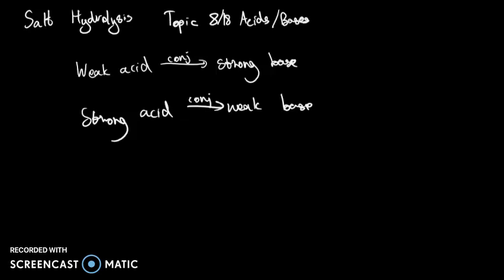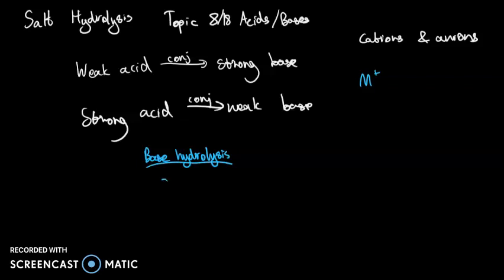So next, what we need to think about are cations and anions. So first, let's look at cations, right? The cation is a positively charged ion. Let's just say M+. What we need to know is that when a base hydrolyzes, when a base forms a conjugate, that conjugate will be a cation, right?